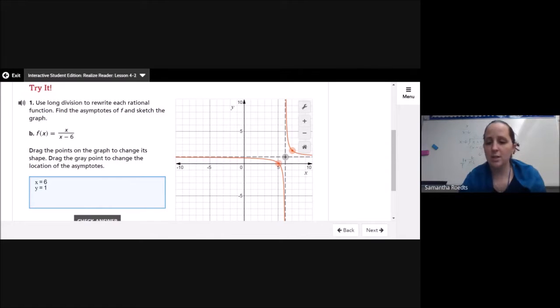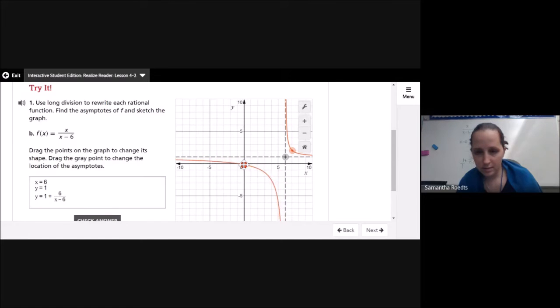My equation is y equals 1 plus 6 over x minus 6. So if x is 0, 0 minus 6 is negative 6, so that's 0, 0. There's one of them. And then if x is negative 12, nope, doesn't work. If x is 6, 6 minus 6 is 0, that does not work.